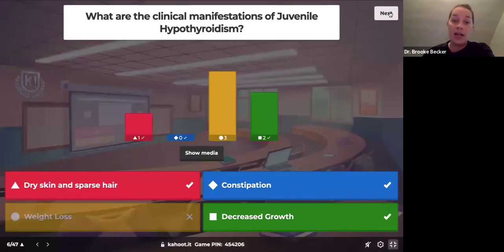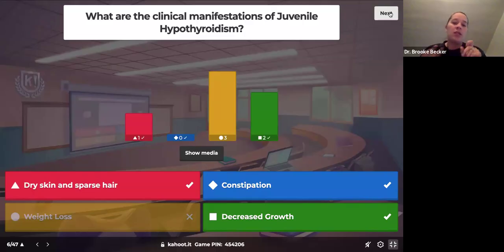Constipation, sparse hair, and dry skin, and decreased growth. And it wouldn't be weight loss, it would be weight gain. Yep. So they're not growing in height with hypothyroidism, but weight gain is pretty common too.